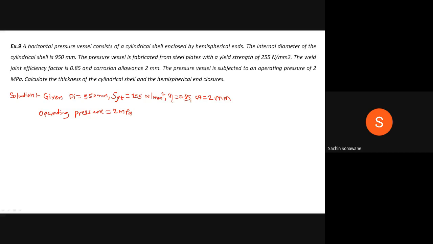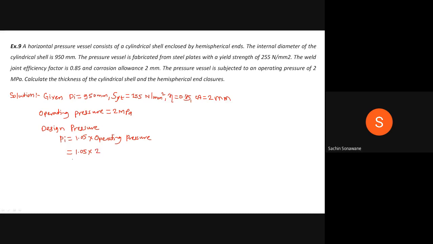Now, first of all, calculate the design pressure. Design pressure Pi is equal to 1.05 times operating pressure, which is equal to 1.05 into 2.